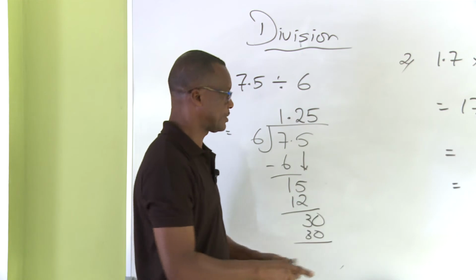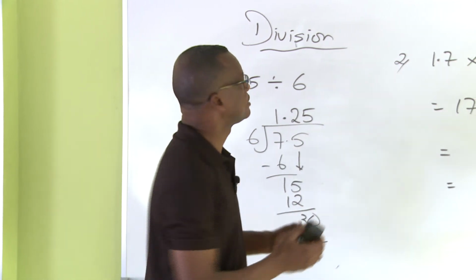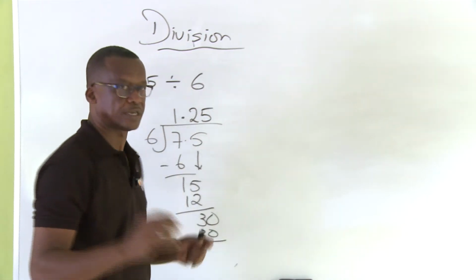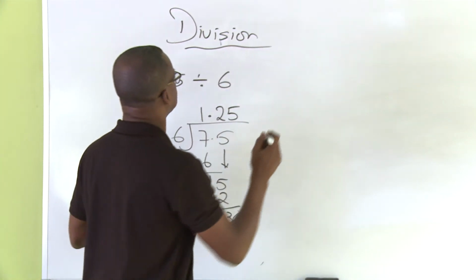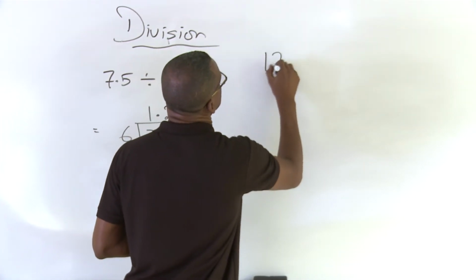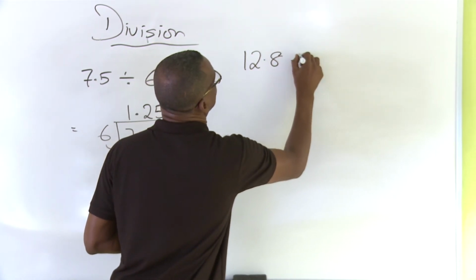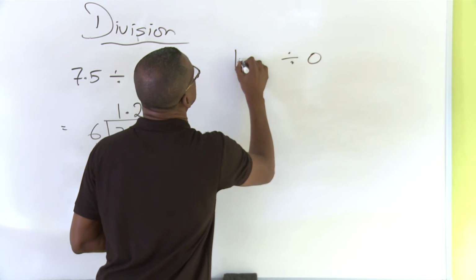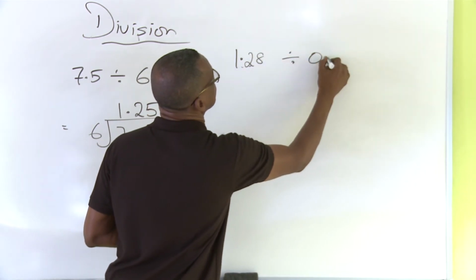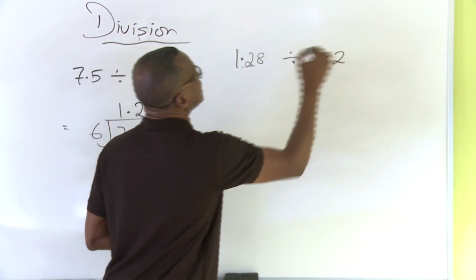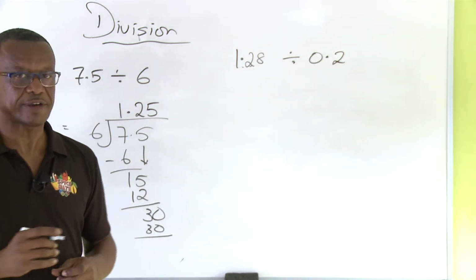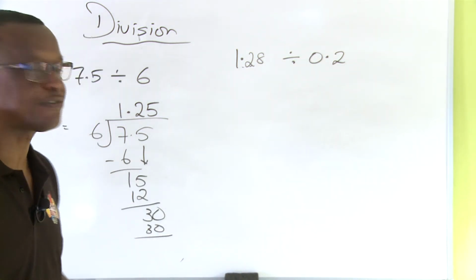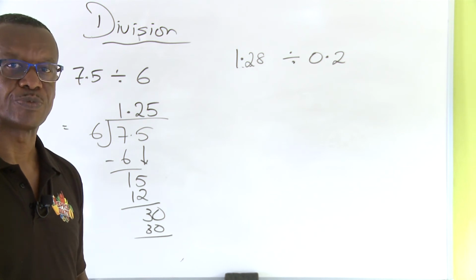The next example, we're going to see what would happen if the divisor is not a whole number. So here again, we have a problem. 1.28 divided by 0.2.